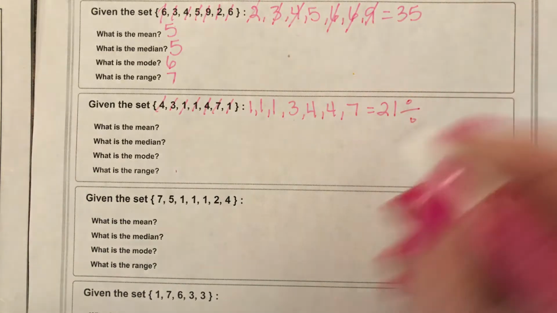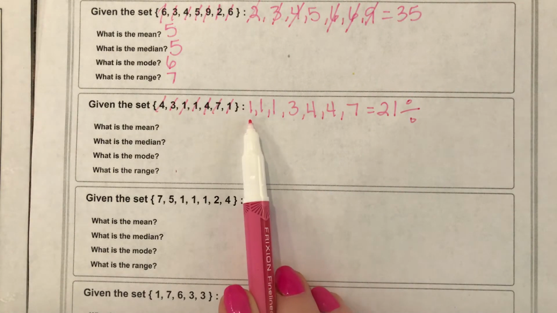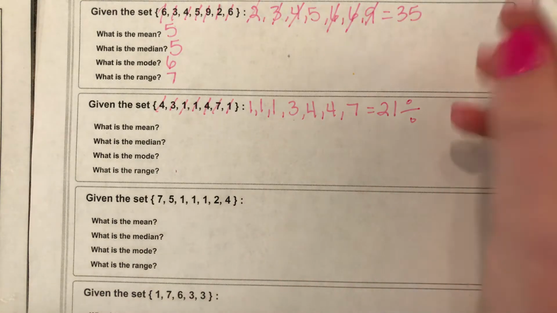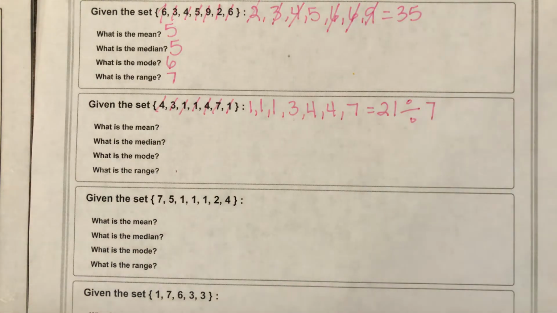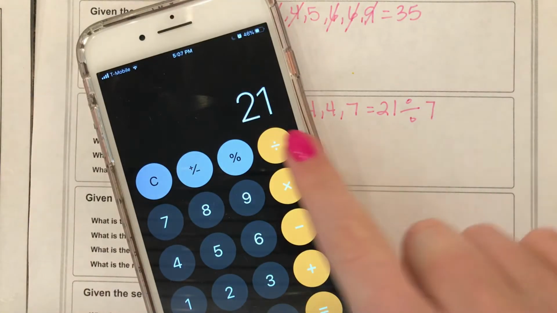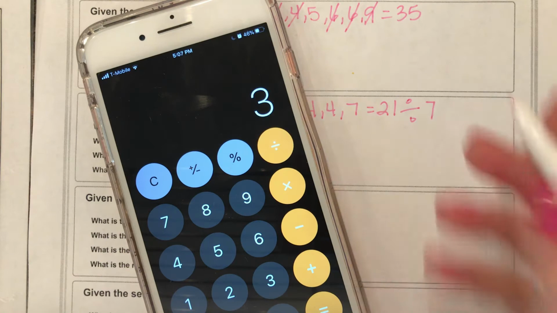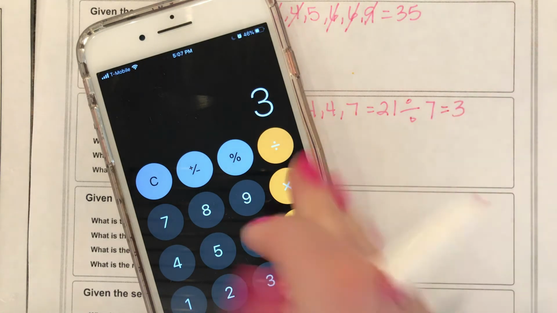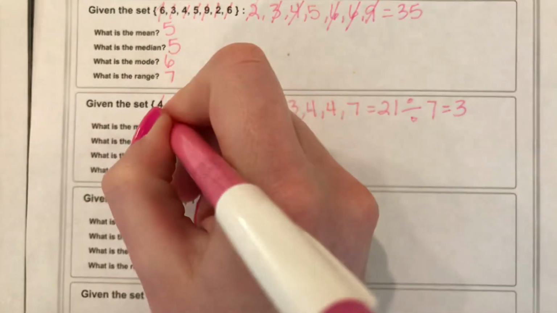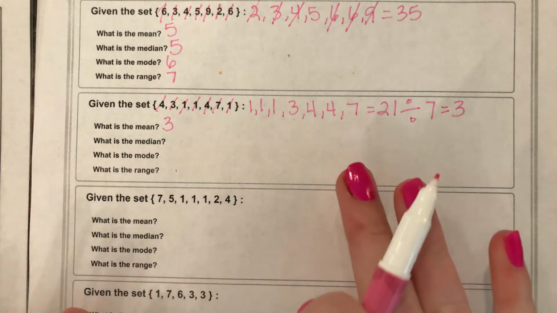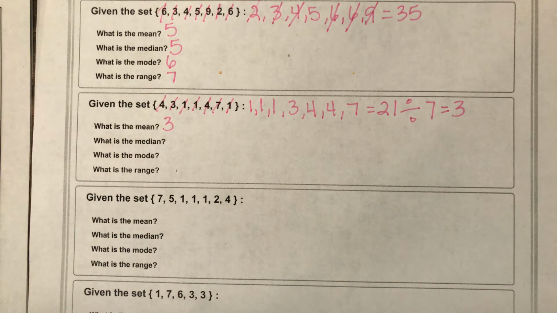Now we have to divide by 1, 2, 3, 4, 5, 6, 7. Okay, so I'm going to get my calculator back out. I've got 21 divided by 7 equals 3. So that is my average. Again, if we were talking number of cookies eaten in a day, the average for this one would be 3.